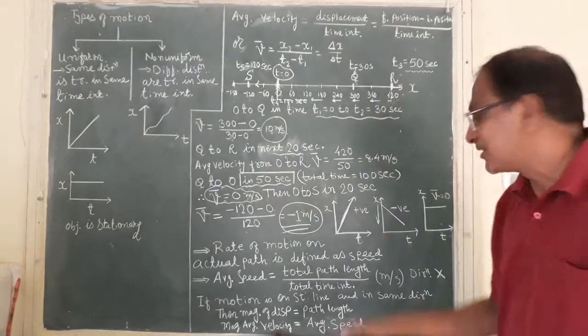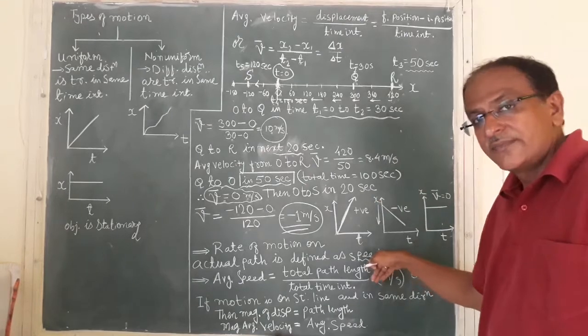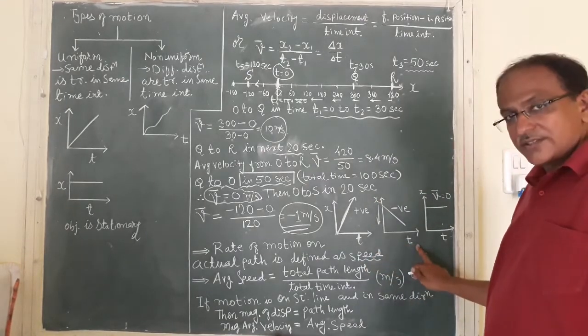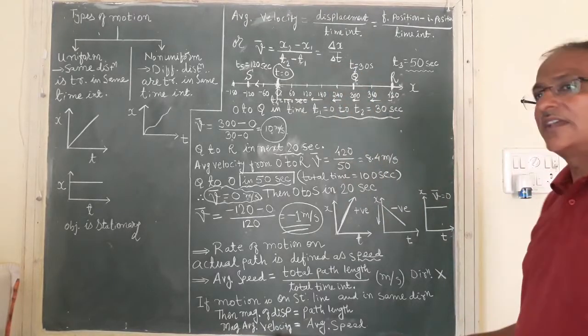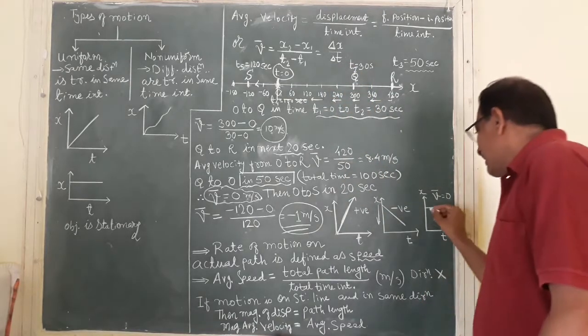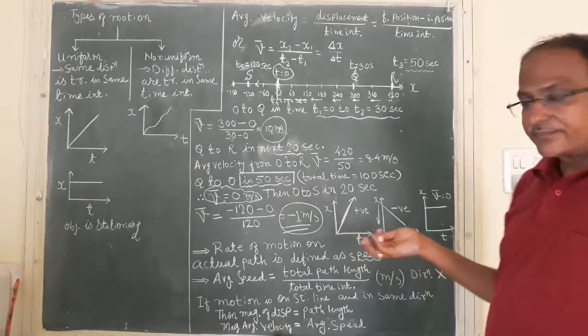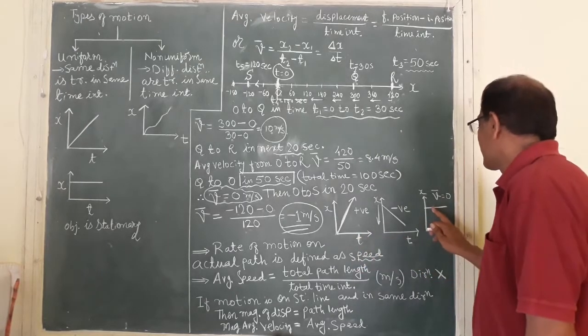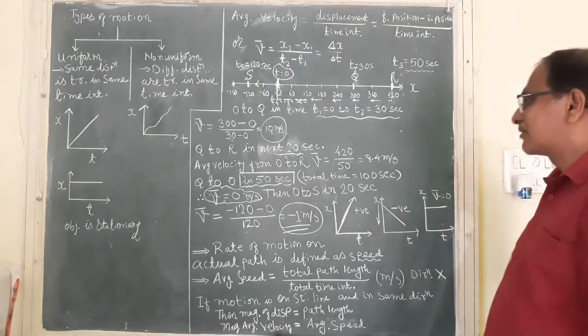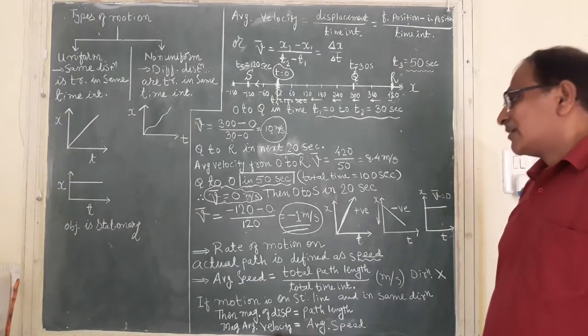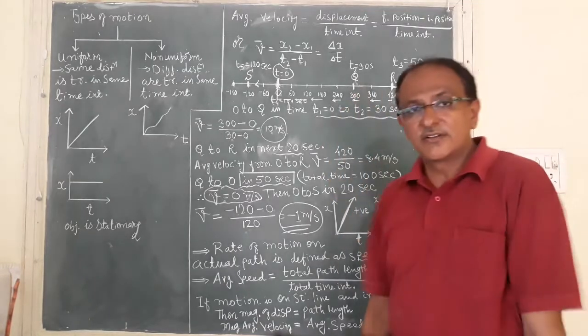X decreases as time passes, which means it is moving in the negative direction. And if it is stationary, then the graph will be parallel to the time axis.